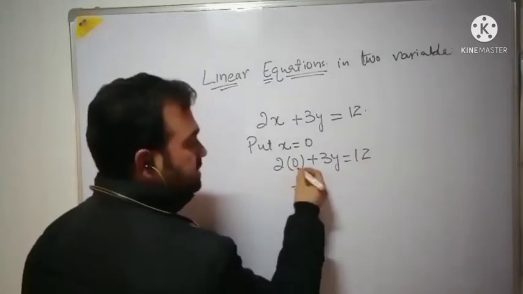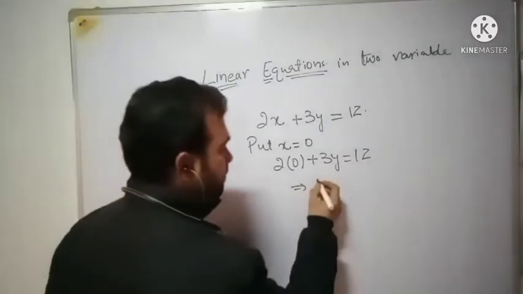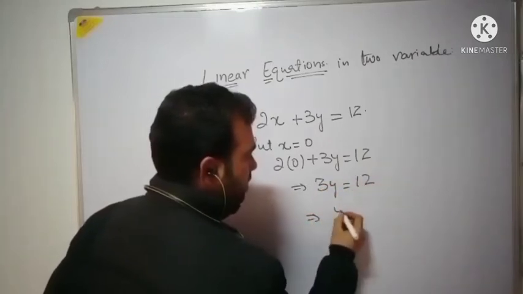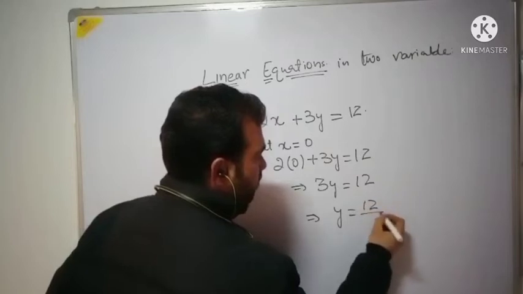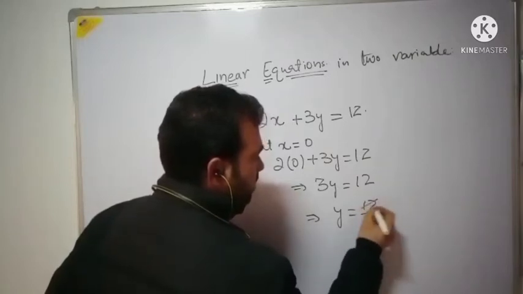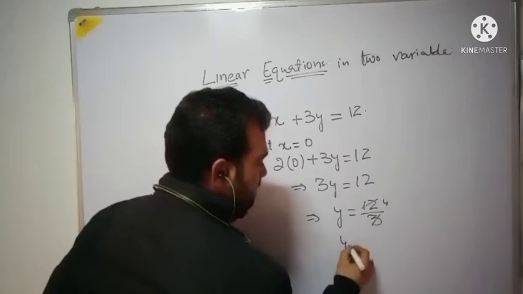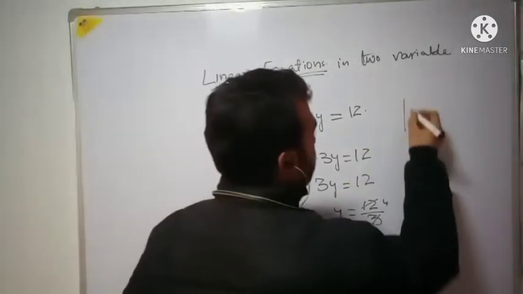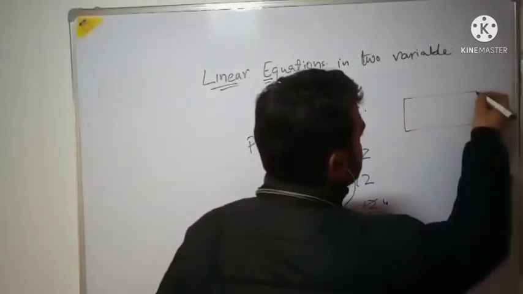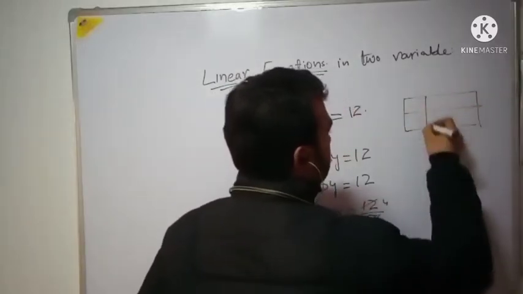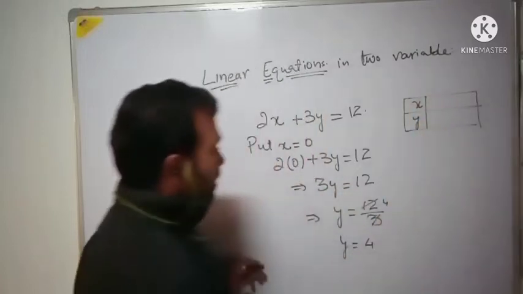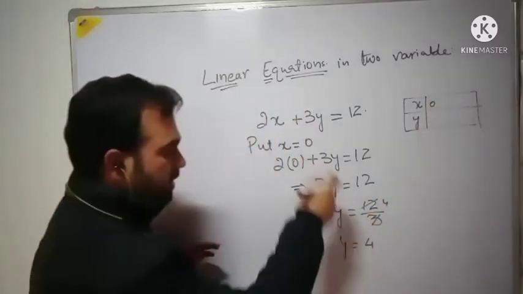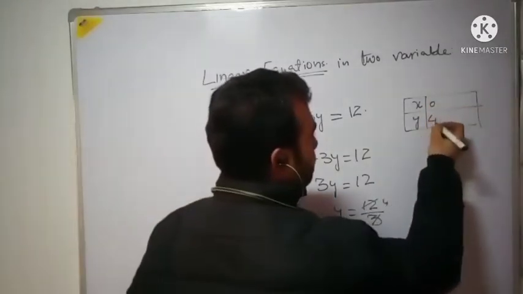This implies 3y = 12, so y = 12 by 3, that is y = 4. I will make a box for solutions, x and y. When we put x = 0, we get y = 4.